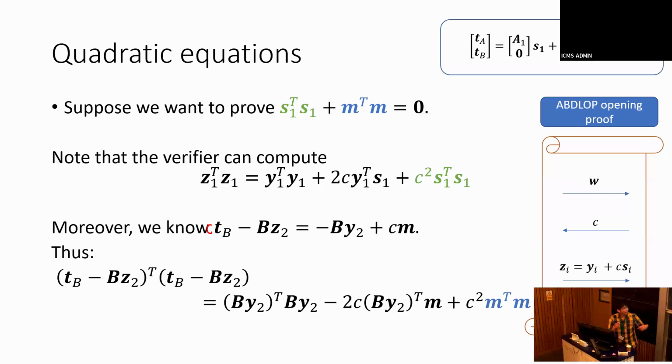Okay, so CTB is equal to B times CS2 plus CM. And then BZ2 is equal to BY2 plus CS2, sorry, B times CS2.